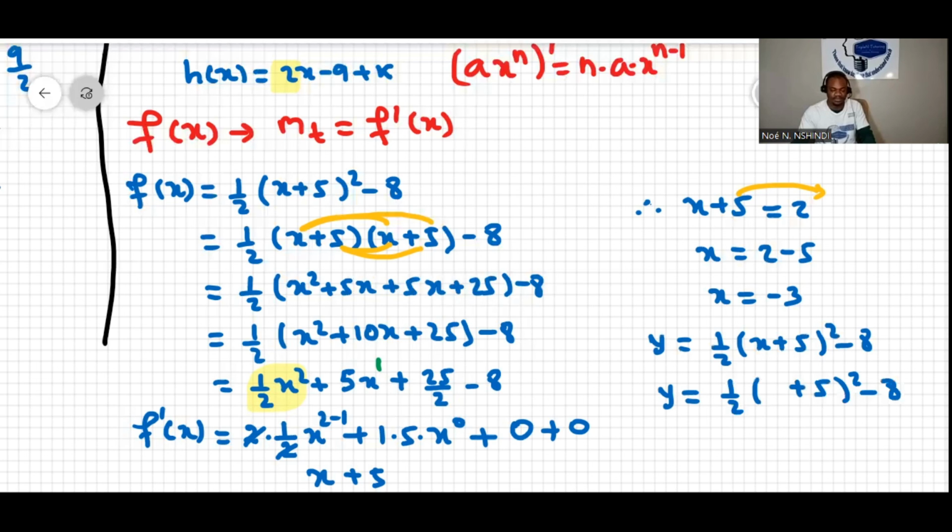We substitute x as -3, and -3 plus 5 is 2. 2 squared is 4. A half times 4 is 2. 2 minus 8 is -6. So y will be -6. Therefore, the point of contact between the tangent line and the equation of f is (-3, -6).